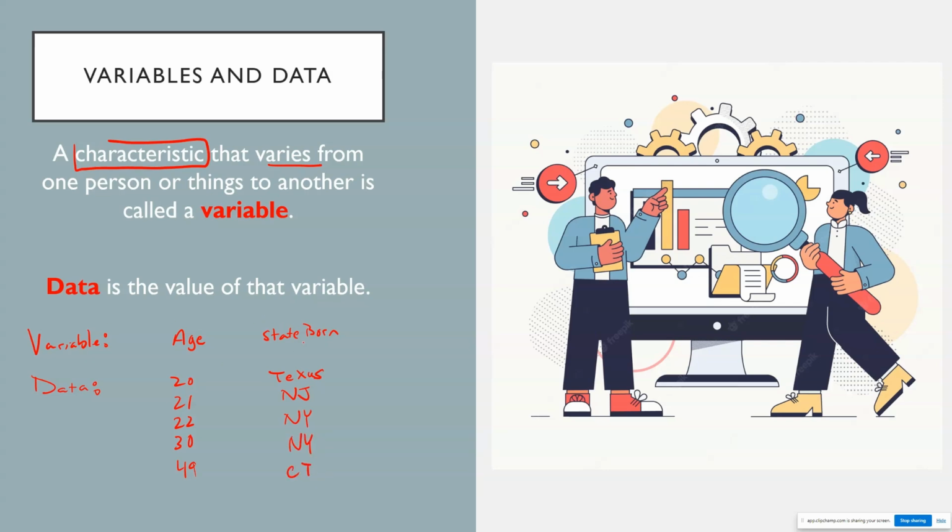All right, so variable is kind of like the higher level, and then the individual data is what we're collecting on those individuals. And it turns out there are many different ways to classify a variable. It's really important as you continue on in this class to understand what the classification is.